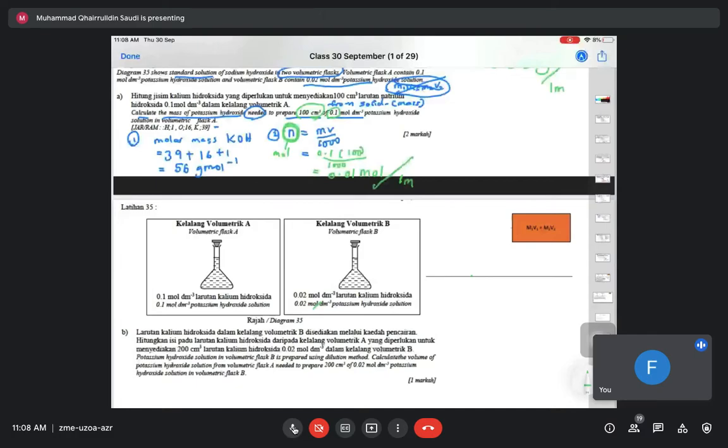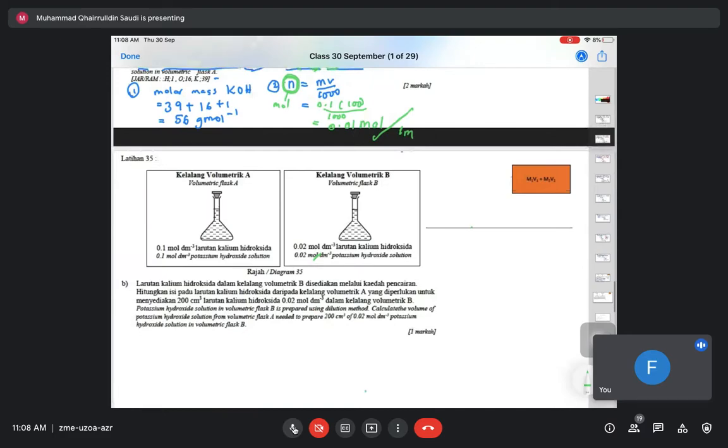Okay, can we continue? Let us continue. B. Potassium hydroxide solution in volumetric flask B is prepared using dilution method. Bila dia bagi tahu dilution method, baru kita tahu we can use formula M1V1 equal to M2V2.